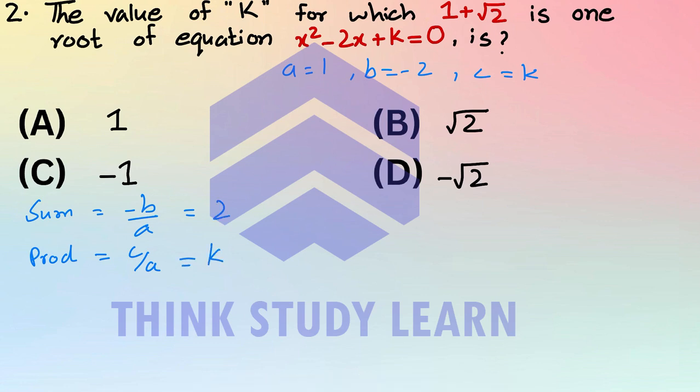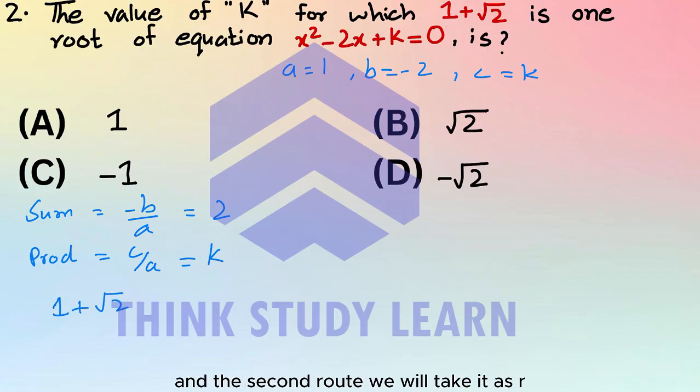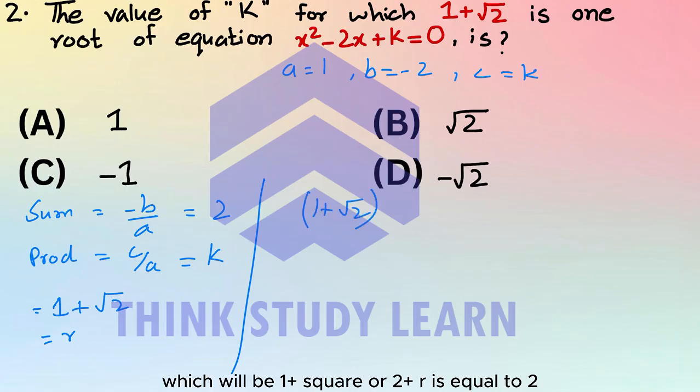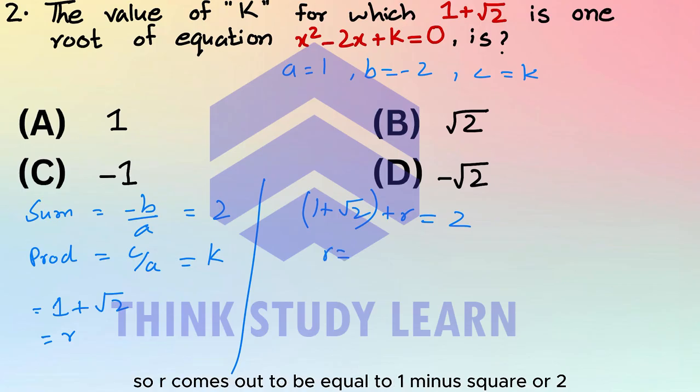and the product of roots will be equal to k. So let the first root be 1 plus k root 2, which is given in the question, and the second root we will take as r. Now we will take the sum of roots, which will be 1 plus k root 2 plus r is equal to 2. So r comes out to be equal to 1 minus k root 2.